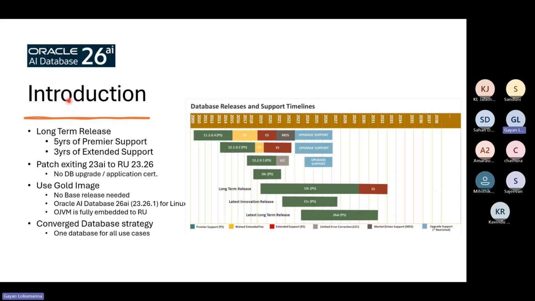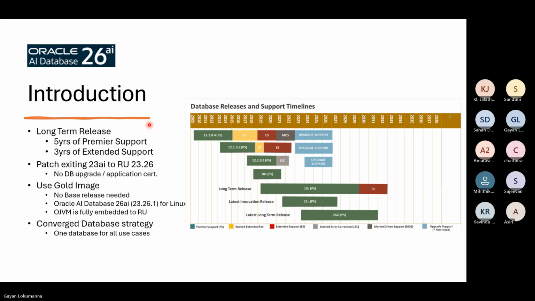When it comes to database versions, you might have seen that some of these database versions are made as innovative versions, and some of them are long-term versions or long-term releases as well. So this 26 AI is a long-term release.